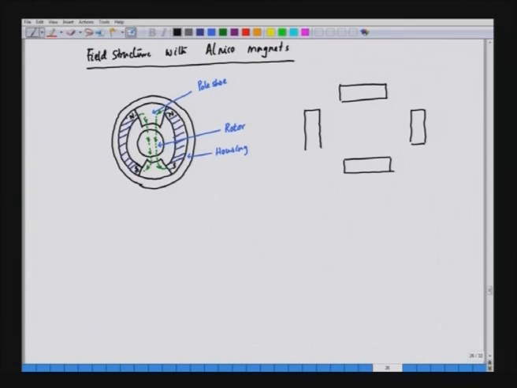This is the magnet, and here we have again north pole, south pole, south pole, north pole, and this is the machine structure.